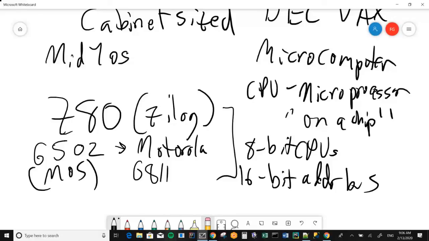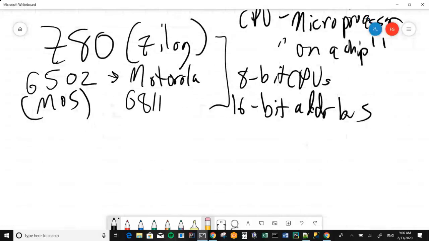So what are some characteristics of these CPUs? As it happens, I brought with me today this book entitled Programming the 6502. The reason I have this book is because the largest amount of machine language programming I ever did was on a 6502 family processor.